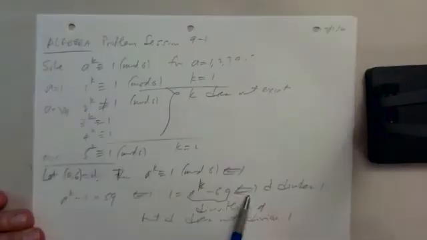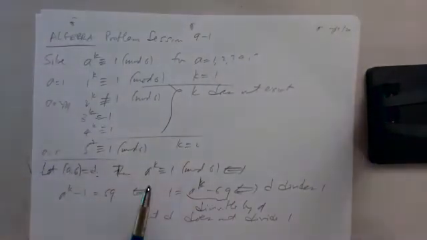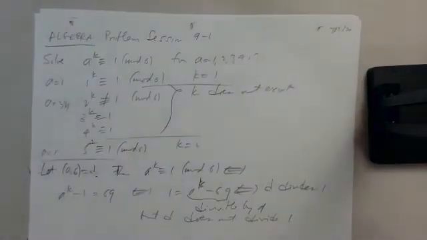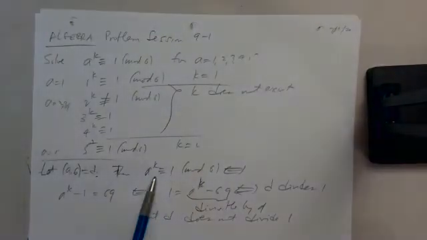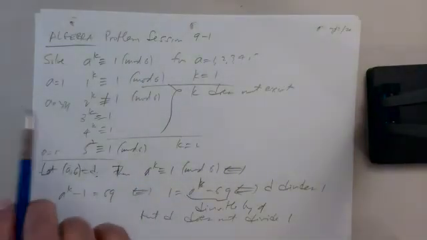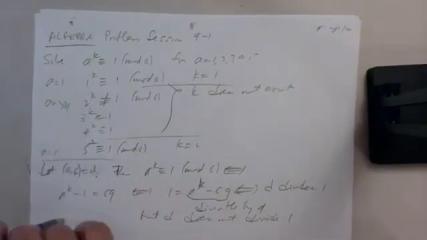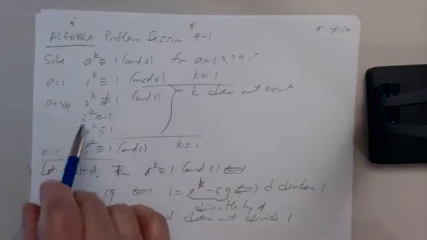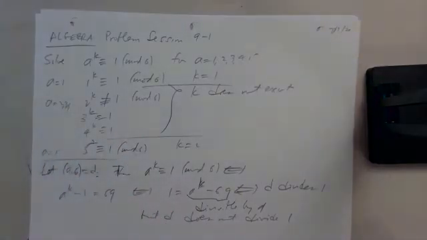The only positive number that divides 1 is 1. So the only way a to the k can possibly be congruent to 1 mod 6 for some k is if a and 6 are relatively prime. 2, 3, and 4 are not relatively prime to 6, so there's no possible solution of this congruence.